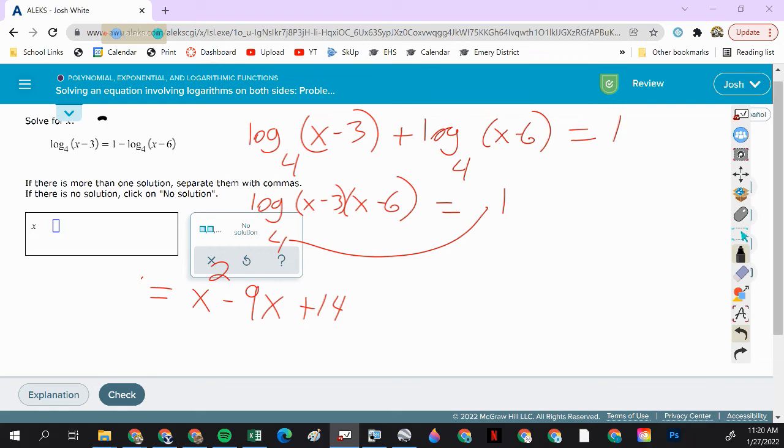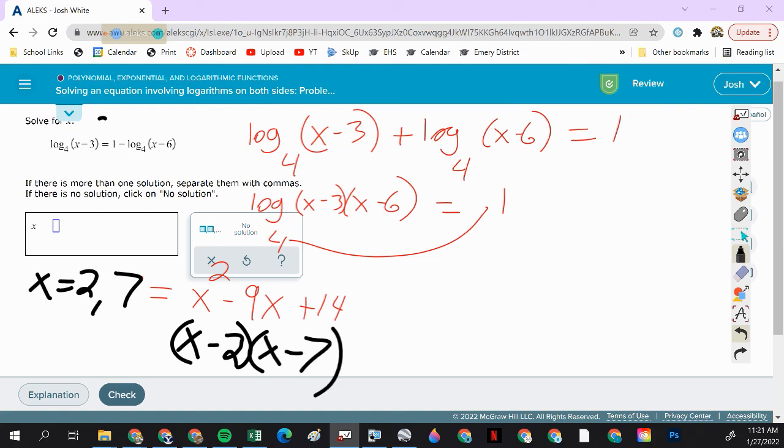Are there two numbers that add to be negative 9 and multiply to be 14? So x minus 2 and x minus 7. So 2 and 7. The 7 works, but the 2 does not. That's it. Okay, get to work.